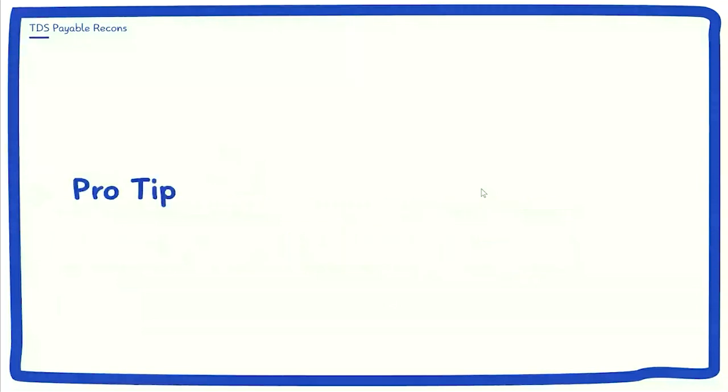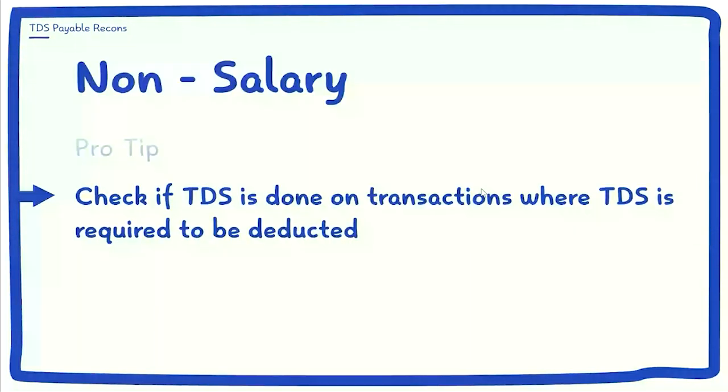Now, the second thing. Before you give it to the auditor, you want to check if you have done TDS on transactions where TDS is required to be done. I'll share my screen again. Yeah. Because manually you may miss some of the transactions where TDS was required to be done, but it was not done.